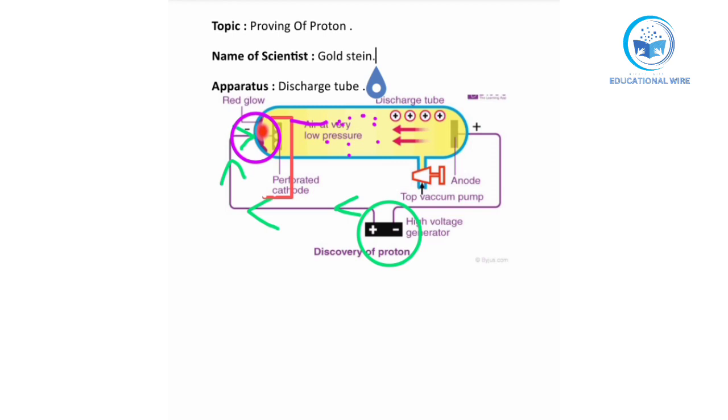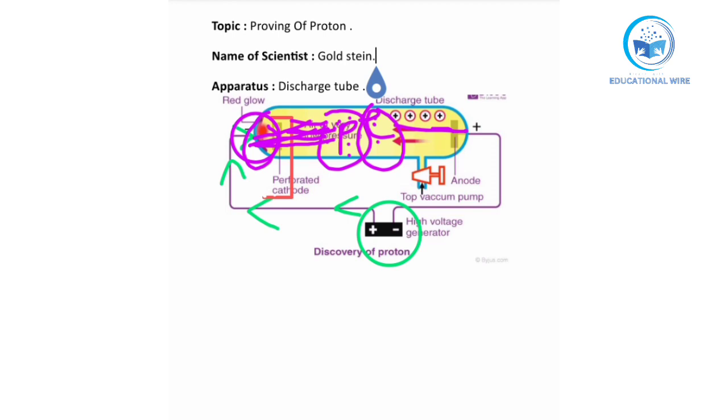It means we had electrons and protons, and these protons passed through the perforated cathode and glowed. This whole process is called the discovery of the proton, or the proving of the proton. Electron has negative charge, so it repels from the negative side and moves to the positive side, and proton has positive charge, so it repels from the positive anode and moves to the negative side. This is how a proton is formed.